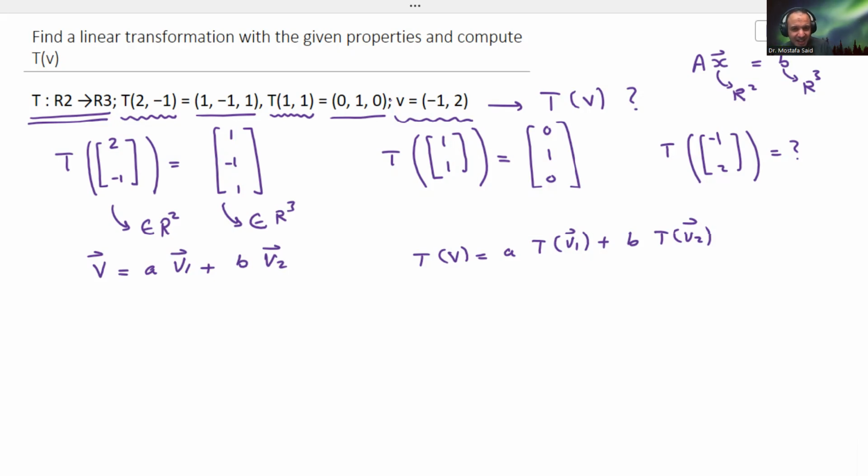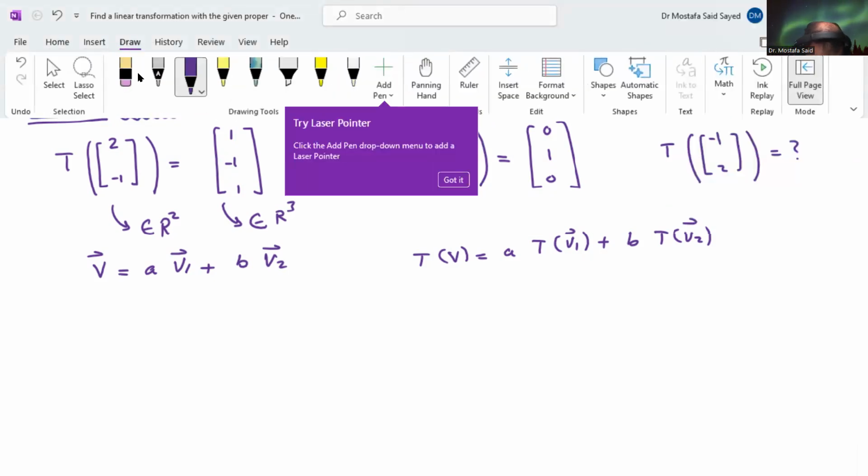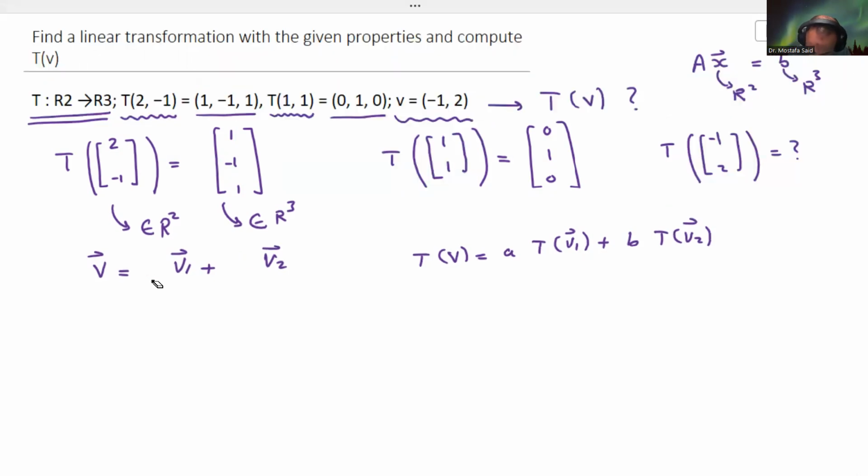But I'm gonna use the naming of the book. The book names them R and S. So I'm gonna remove A and B and put R and S just to make sure you guys are following me. What are R and S?